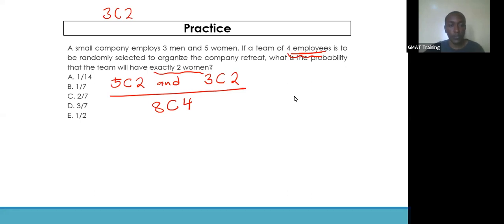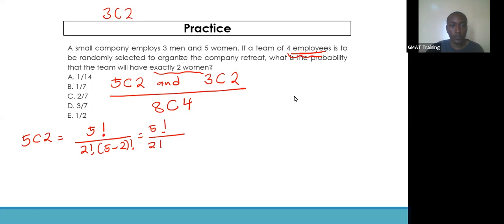And so solving this, 5 choose 2 equals 5 factorial all over 2 factorial times (5 minus 2) factorial. This is 5 factorial all over 2 factorial times 3 factorial. If you solve for this, we'll have 10.